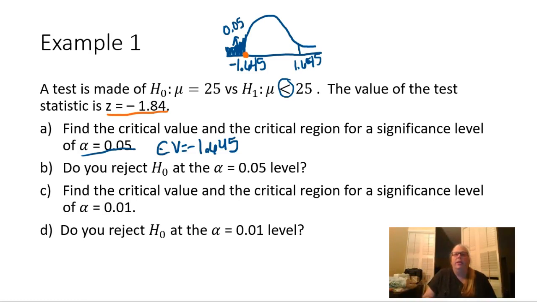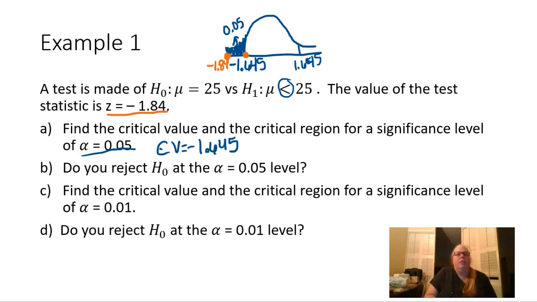Is it going to be to the right of negative 1.645? Is it going to be to the left of negative 1.645? Or is it the same as negative 1.645? I hope we can all agree that negative 1.84 is actually going to be further back here to the left and inside this blue region.